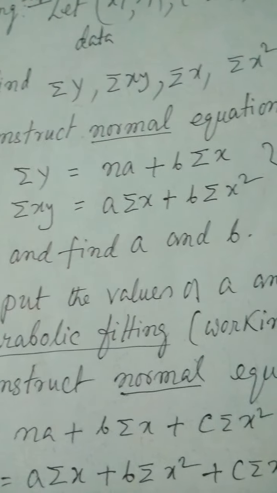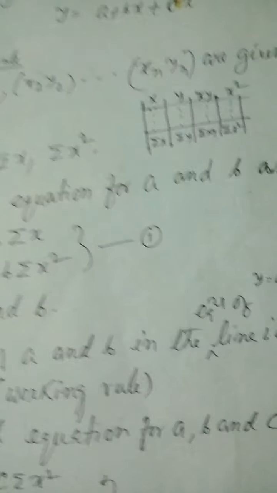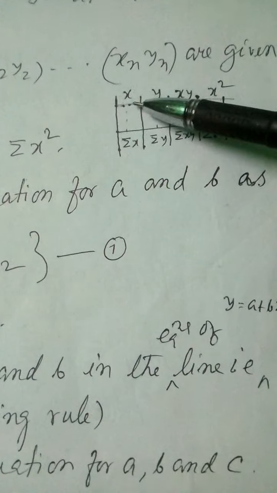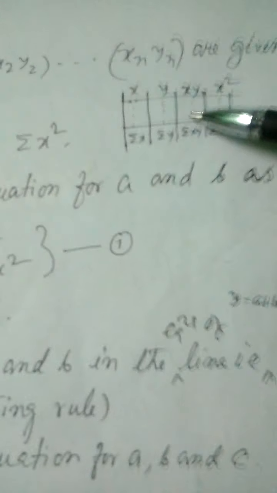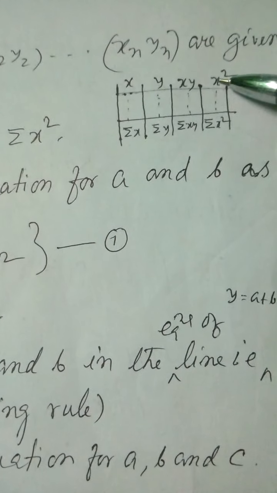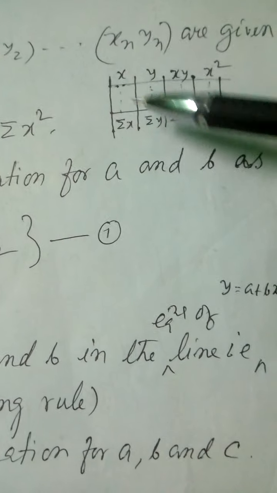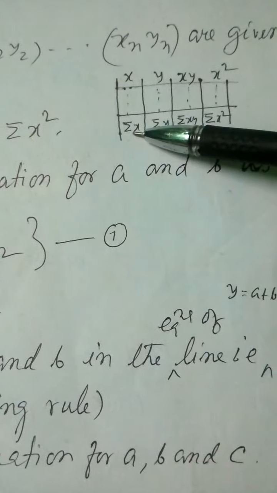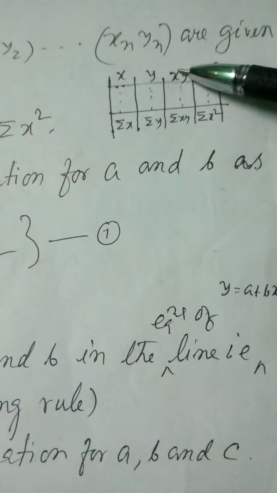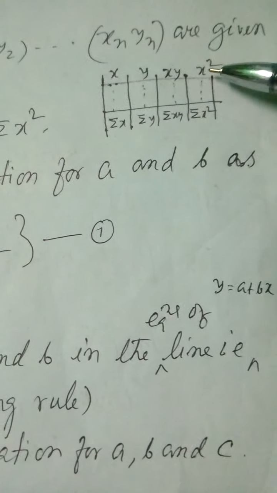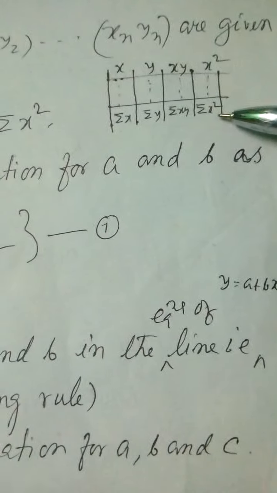Okay, how we will do it, I will show you in the table. This is x given, y given. So xy you have to calculate, and x square you have to calculate. Then you take the sum of x, the sum of y, the sum of xy, and the sum of x square.